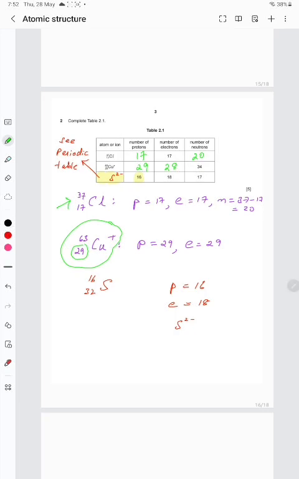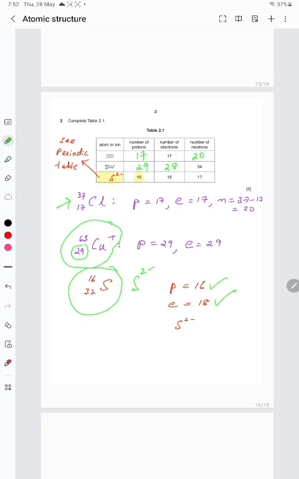Then there is an empty space. I have written S2-, but that I discovered later on. So following the periodic table, you will notice that sulfur is an element which has proton number 16 and mass number 32. This means number of protons is 16 and number of electrons in S2- is 18.